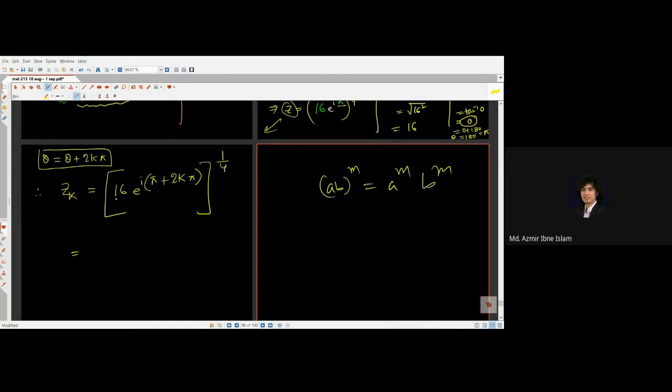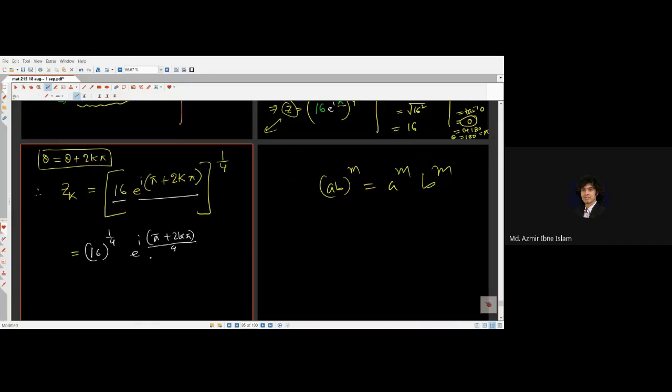This is the property. So think about this one. We have one part, another part. So it can be written as 16 power 1/4 e to the power i (pi plus 2k pi) times 1/4.